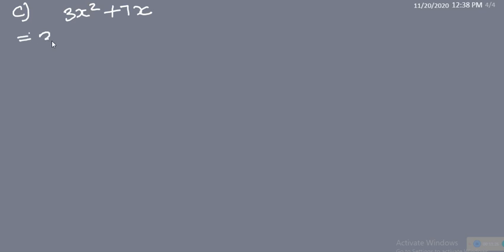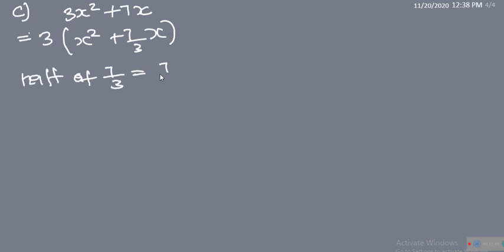So we have 3 into x squared plus 7 over 3x. Step 2, take the half of 7 over 3, which is 7 over 3 times 1 over 2, which is of course 7 over 6.